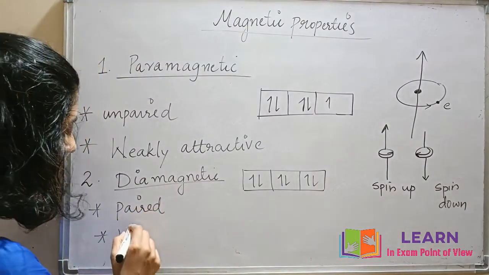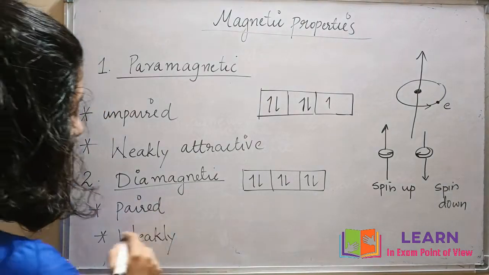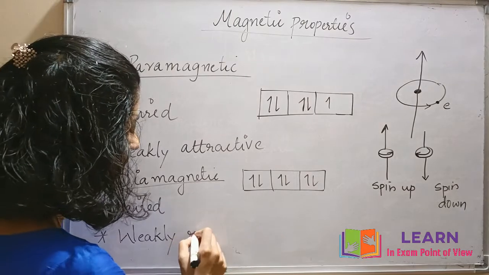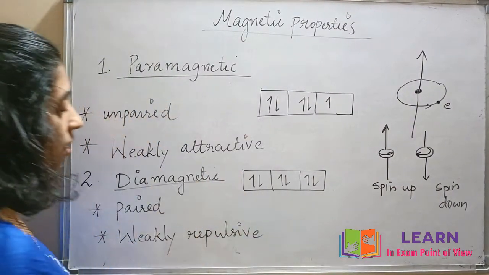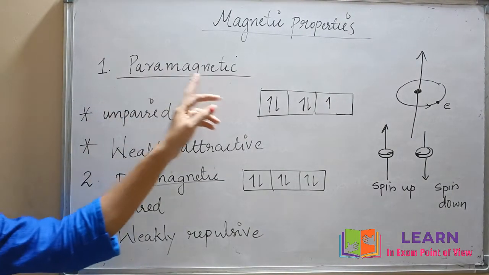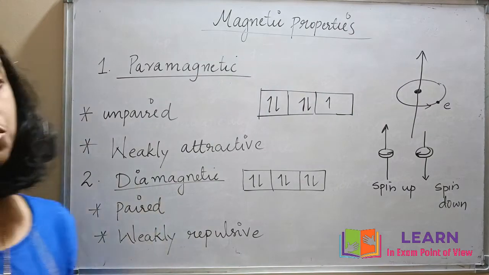If we place diamagnetic substances in an external magnetic field, they show weak repulsion. So for paramagnetic remember these two points, and for diamagnetic these two points, just opposite.